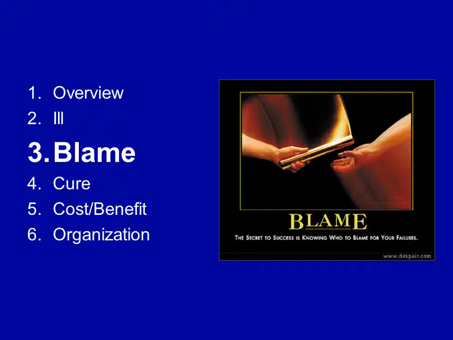So if I'm ill and I'm coughing and I have a runny nose, I clearly have an ill. But before we start prescribing a cure, kind of nice to know if that's a cold or if that's a flu, because I'm going to treat a cold very differently than I'm going to treat the flu.